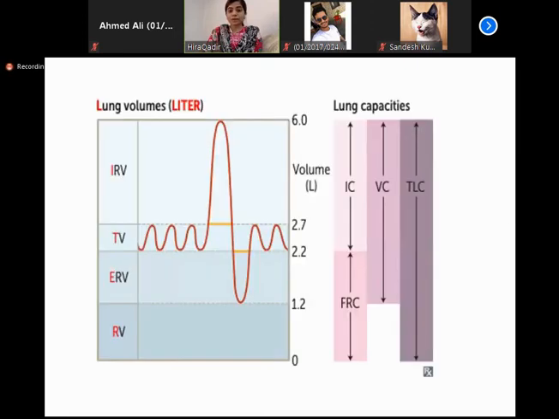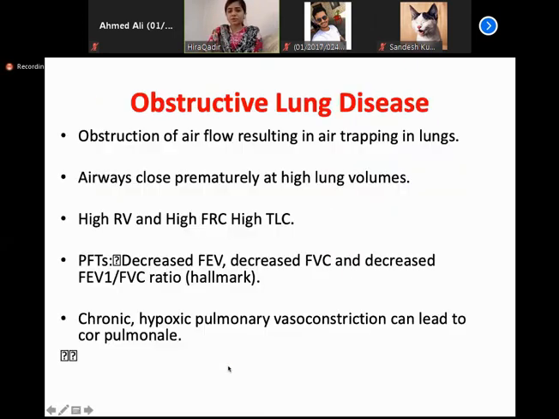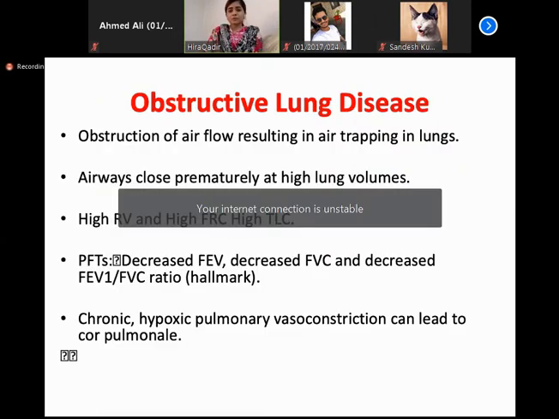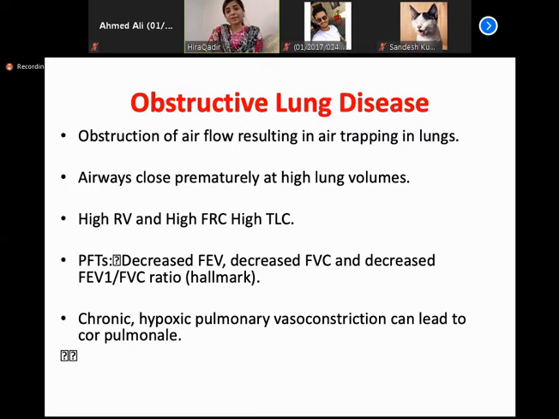About volume and what happens in obstructive lung diseases: because there is obstruction, the patient can't breathe out air, so there is chronic hypoxia. In the pulmonary vasculature, whenever there is hypoxia, there is vasoconstriction. In other organs, whenever there is hypoxia, there is vasodilation, but pulmonary circulation is unique.